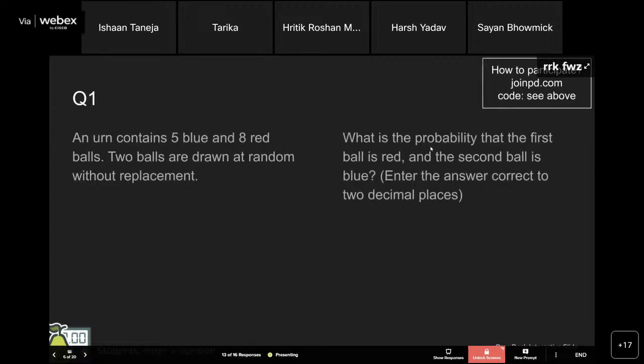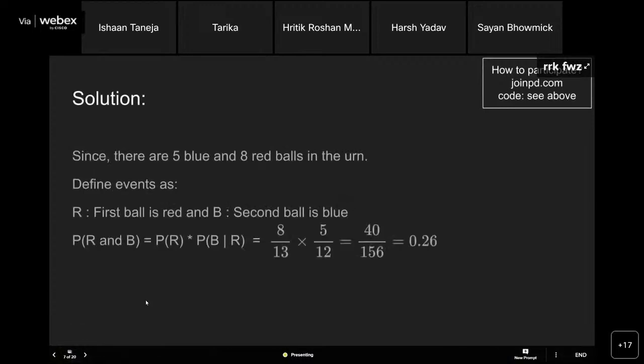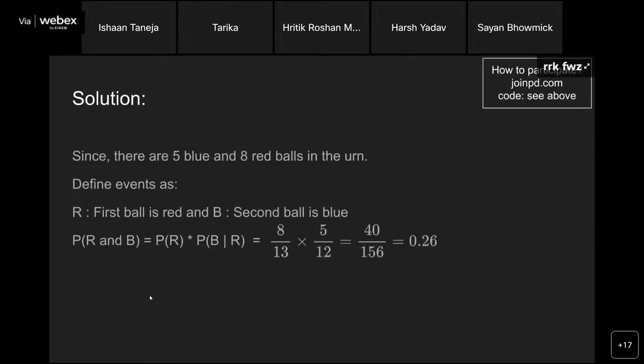So what is the probability that the first ball is red and the second ball is blue? For the first ball being red, we know it's 8/13, right? And the second ball being blue is 5/12. So it is the intersection of two events, or in general, the multiplication rule comes into play.